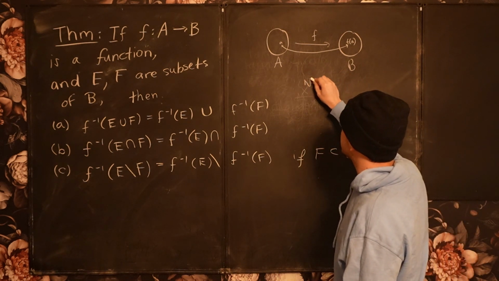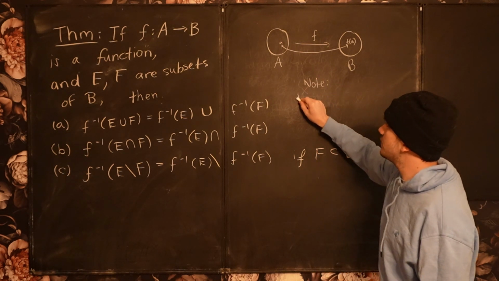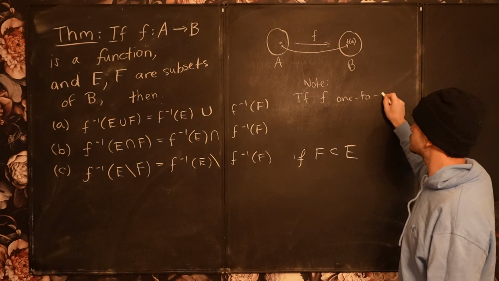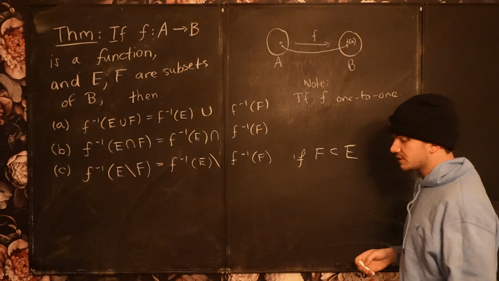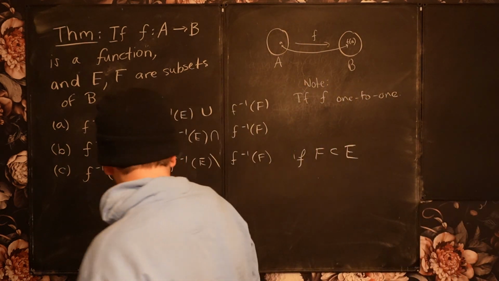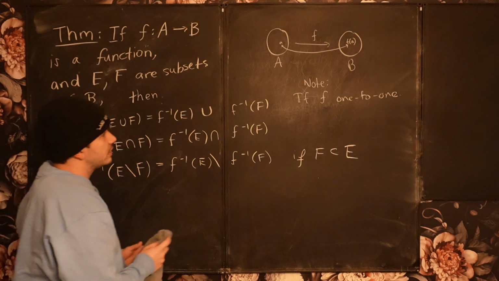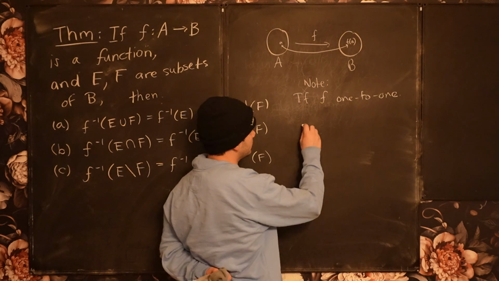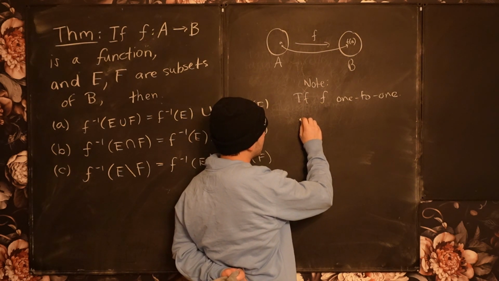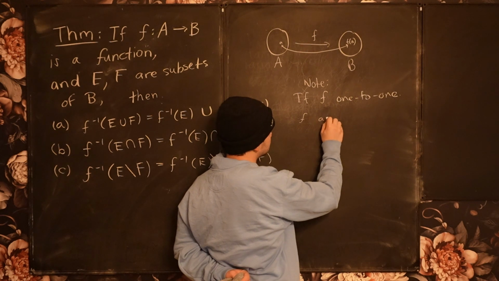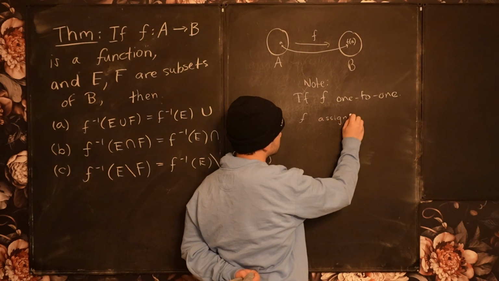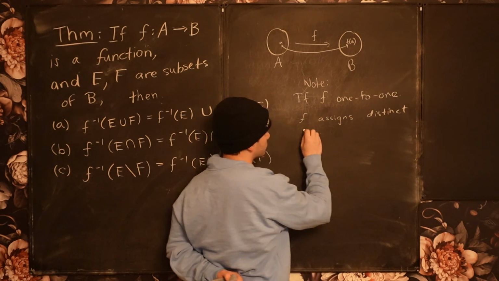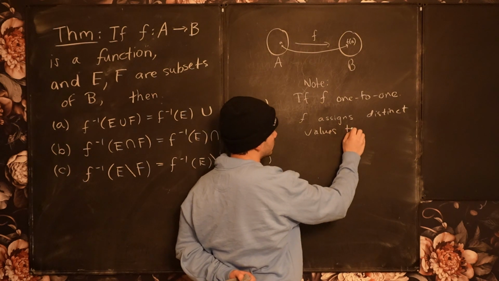So note that if f is 1-to-1, then what this means, you'll forgive me for erasing part of the theorem for a moment, is that f assigns distinct values to distinct values.